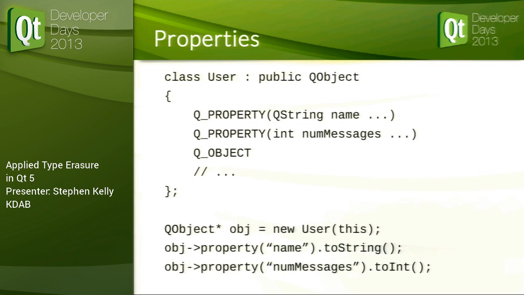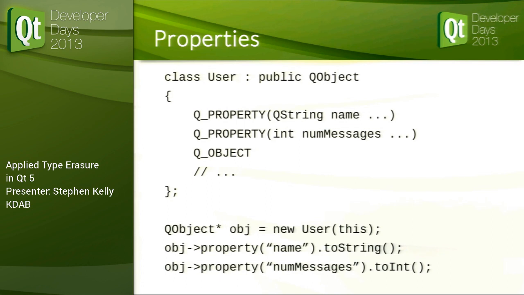And then once we've done that, we can use this property method. In this case, we give it name. That gives us back a QVariant. We can call toString on that to get a string back. And if I access the numMessages property, I call toInt on that to get an integer back.